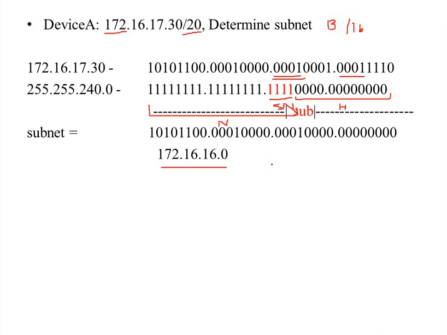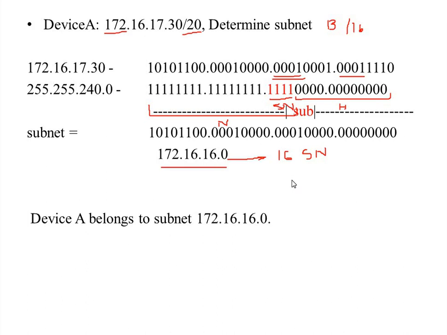Similarly, 2 raised to 4 means you will have 16 subnets in this network. So device A belongs to which subnet? 172.16.16.0.